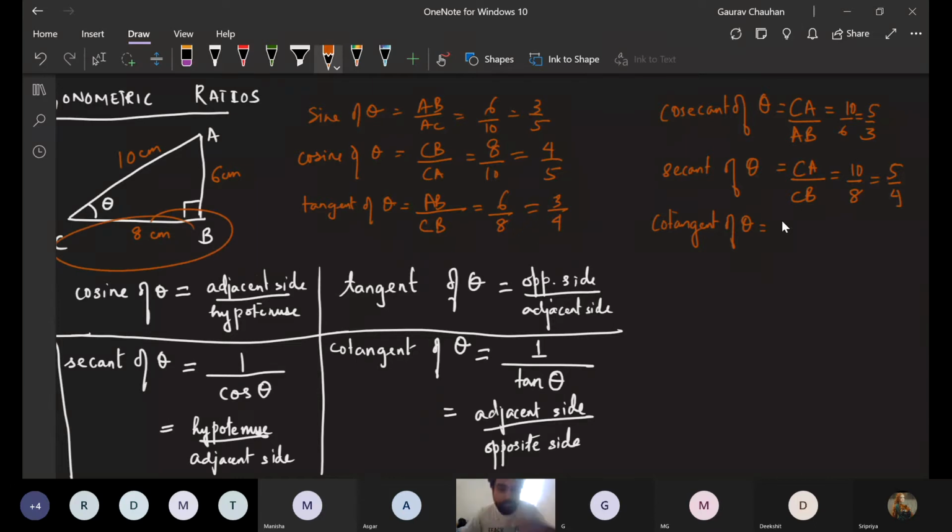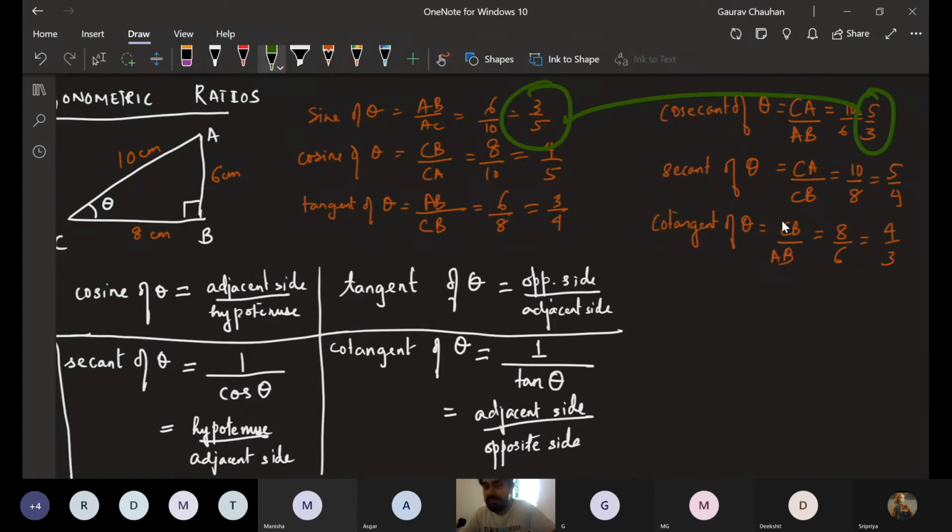Adjacent side is CB by AB, that's the opposite side. Correct. That will be how much? 8 by 6, that will be 4 by 3. As you can see, this is ulta of this, or we can say reciprocal. This is reciprocal of this, and this is reciprocal of this.